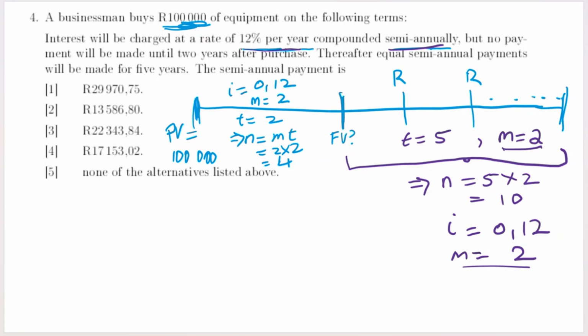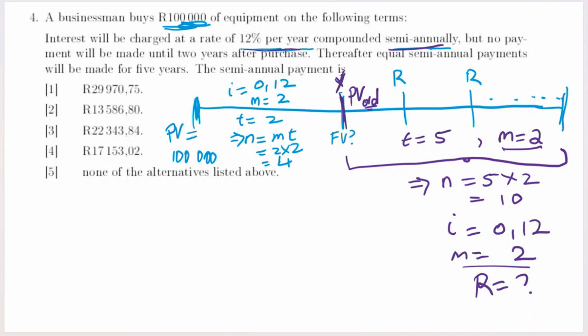Now here we need to calculate our R. We don't know our R. If you compare this question with the previous question, for us to be able to calculate our R, we need to get this future value. This future value is the same as the present value of the ordinary annuity. Once we've got the present value of the ordinary annuity, then we can use the formula of the annuity. So now we are moving backwards.